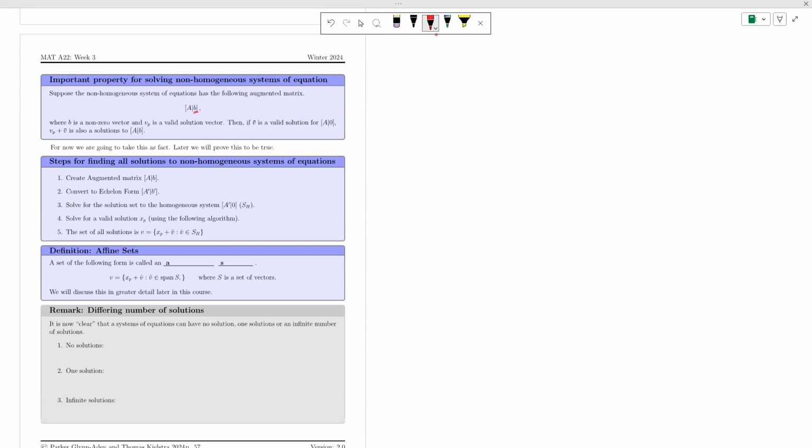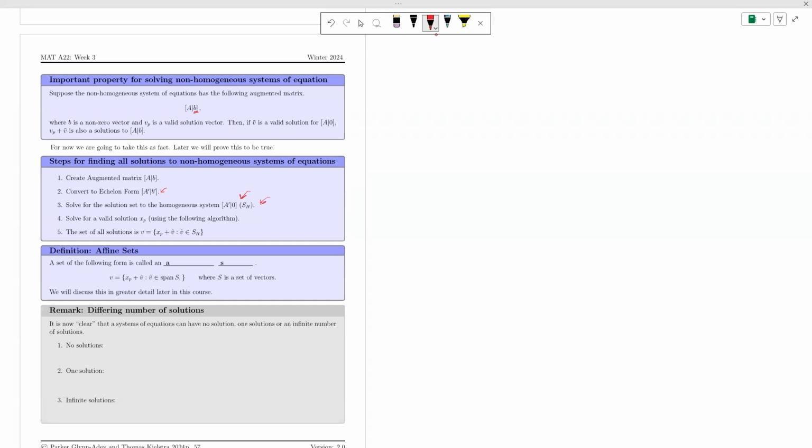We're going to create our augmented matrix and convert to echelon form. Then we're going to do everything that we would normally do for our homogeneous system of equations, and we're going to replace b prime with 0. And we're going to solve for what the homogeneous solution would be using our echelon form matrix.